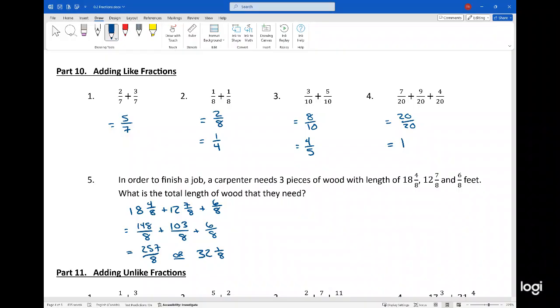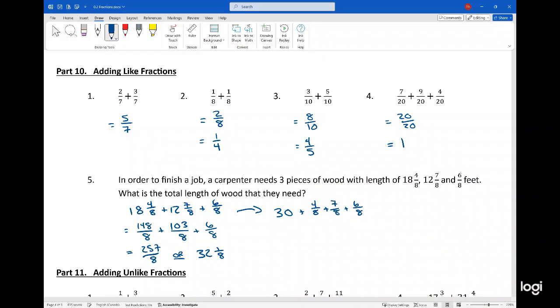Okay, another way that you could have done this one, and again, this is however you want to do it, I can kind of treat them as two separate things. I could say 18 plus 12, the whole parts, would be 30. And then I could add the parts. 4/8 plus 7/8 plus 6/8.